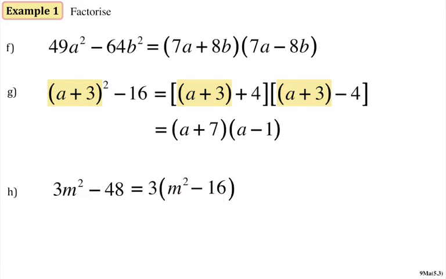So I can actually write equals 3, and then in my two brackets for factorizing m squared take 16, each bracket begins with an m, each bracket ends with a 4, one bracket has a plus, one bracket has a minus, doesn't matter about the order. Notice a 3 out the front because of that common factor. Finished. So that's factorized the hardest one there.